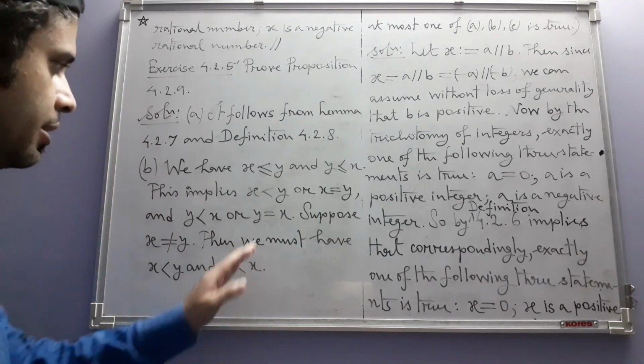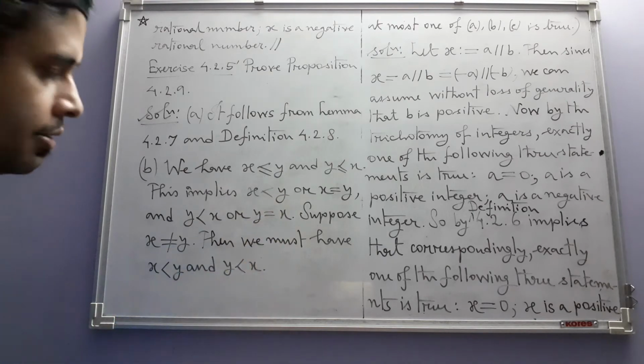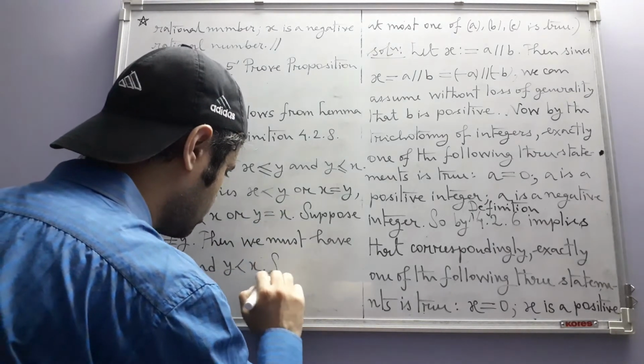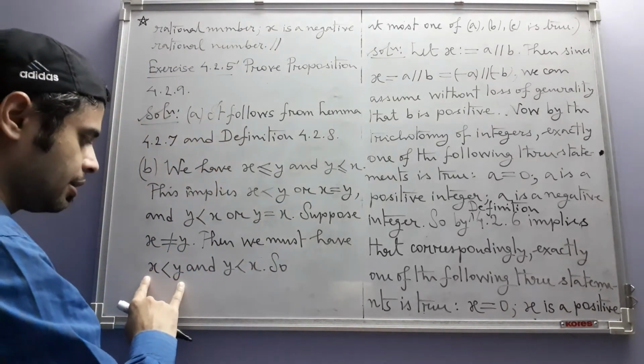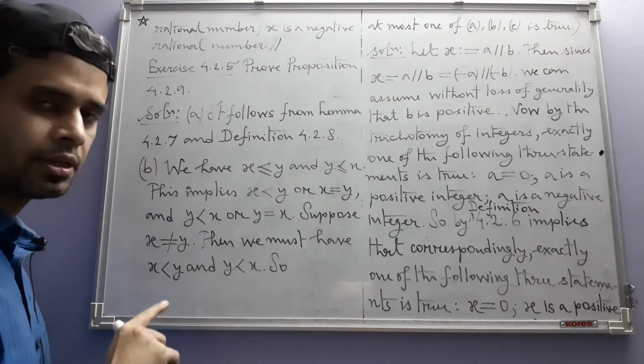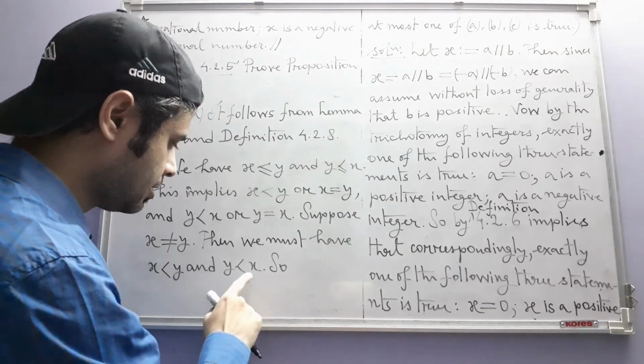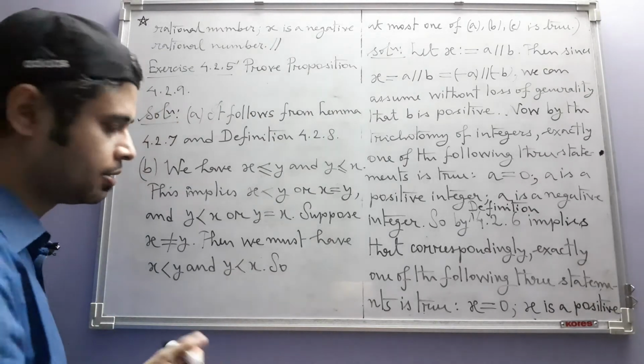Now we apply the definition of order itself. So this one says that y minus x is a positive rational number, and this one says that x minus y is a positive rational number.